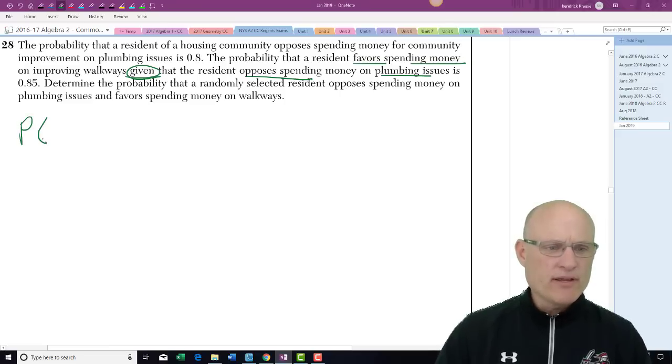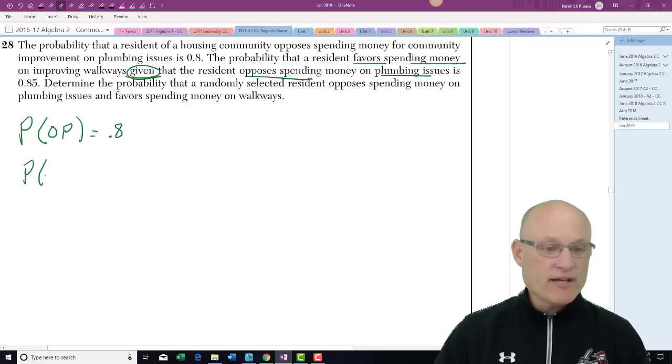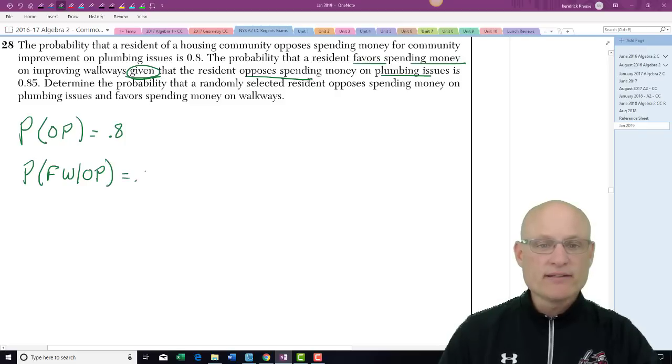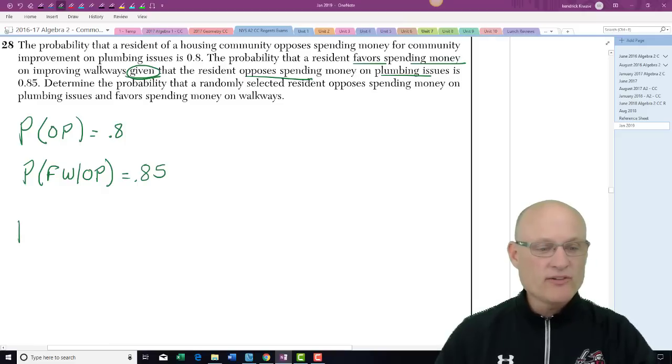What's the probability they oppose plumbing? That's 0.8. The probability they favor walkways given they oppose plumbing is equal to 0.85.